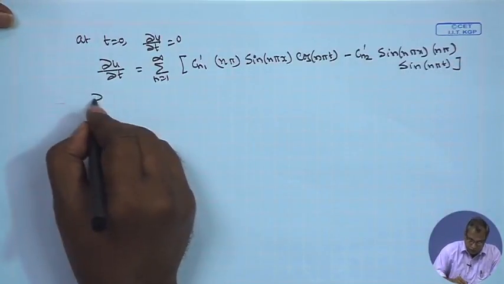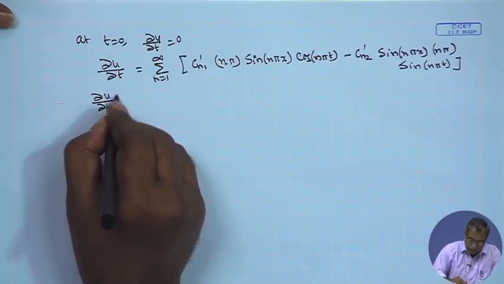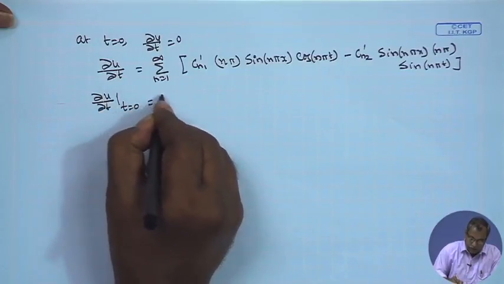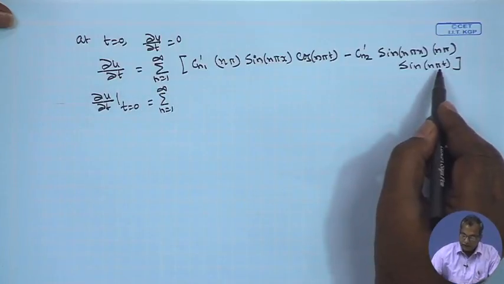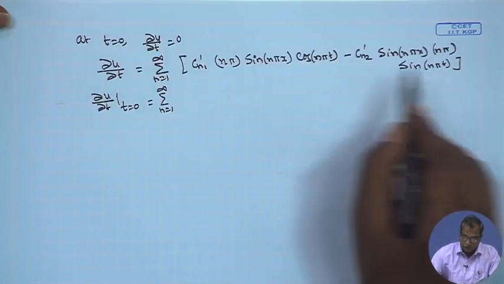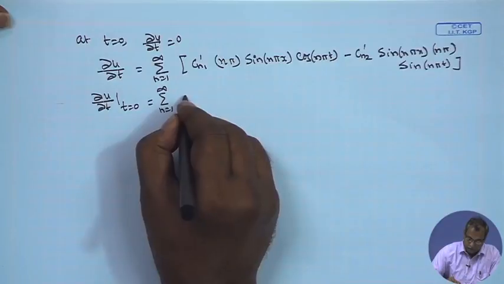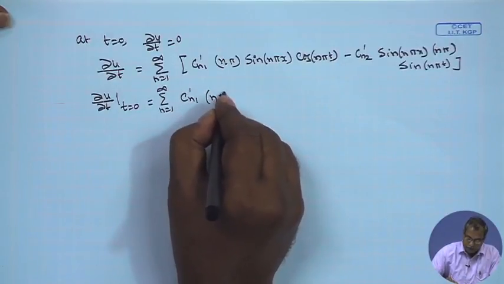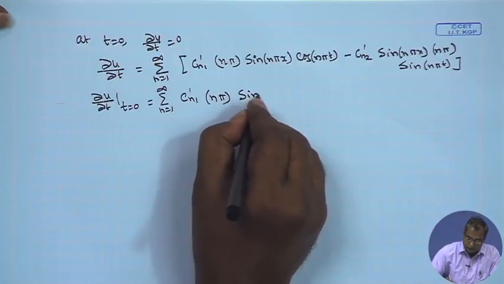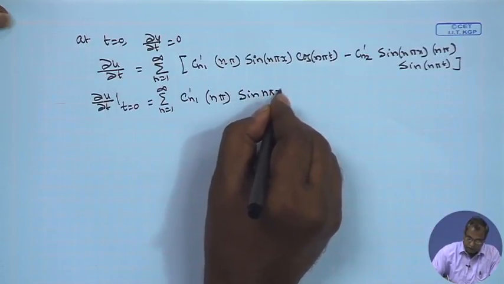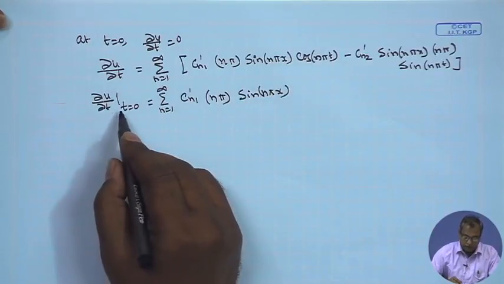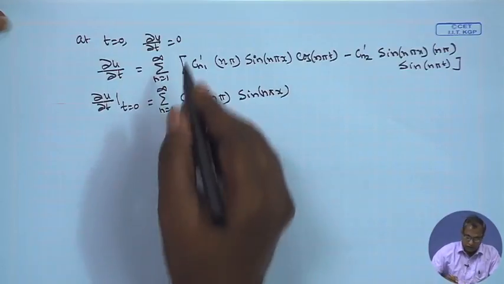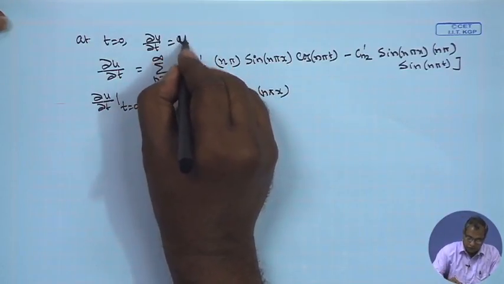We evaluate del u del t at t is equal to 0. If you do that, then this term will vanish, because sin 0 is 0 and cos 0 is 1. So, that will survive. So, I will be having C n 1 prime multiplied by n pi sin n pi x, and del u del t at t is equal to 0 is u 0 2.